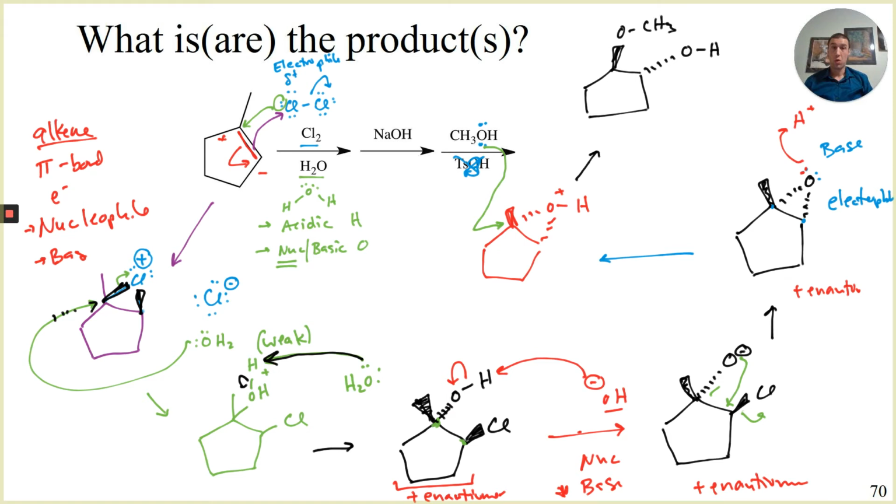OCH3. There's the methyl. Officially, we have that hydrogen still on there from our alcohol. This is where another equivalent of alcohol can come in, finalize, remove that, and we would end with our final product.